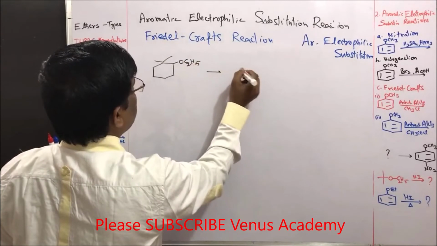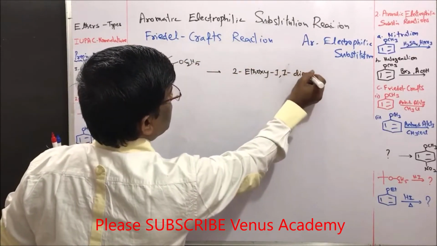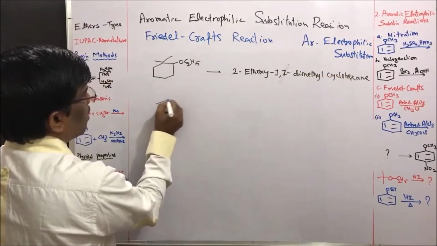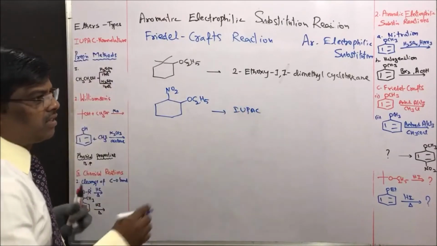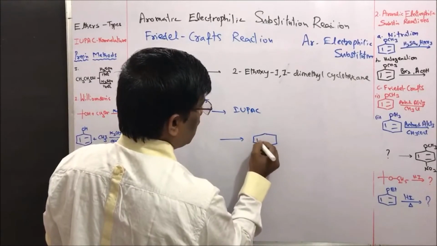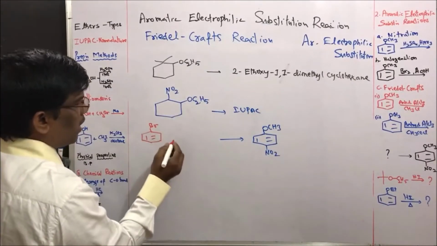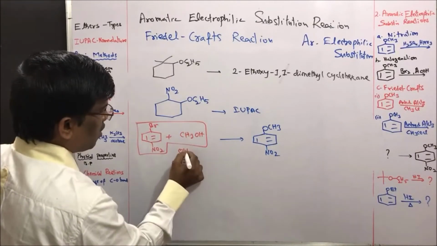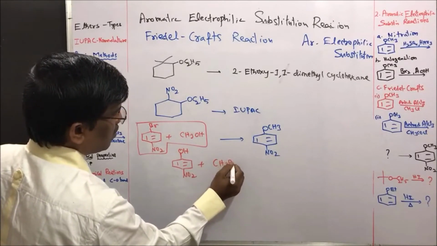C2H5. The IUPAC name, 2-ethoxy-1,1-dimethylcyclohexane. If I give this compound, write the IUPAC name. Yes, students, for example, if I want to make this methoxy nitro compound, shall I use bromine plus methanol, or para-nitrophenol plus methyl bromide?